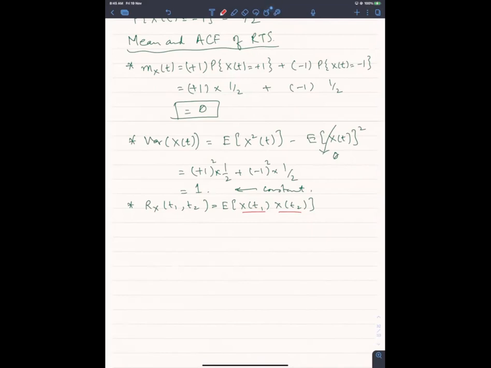So there are only four possibilities. So this would be equal to +1 when they both take the same value, the probability X(t1) is equal to X(t2), plus -1 when they take different values, X(t1) not equal to X(t2).